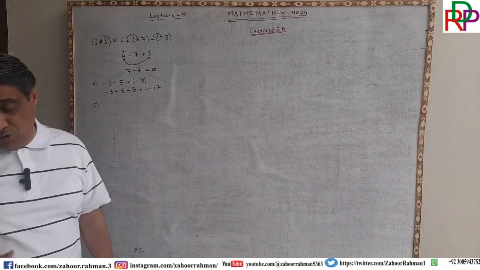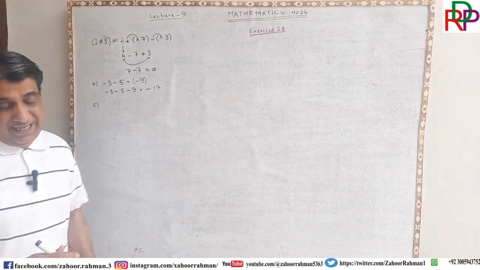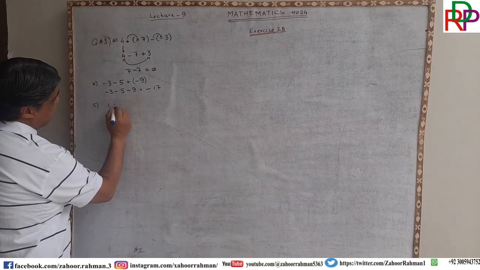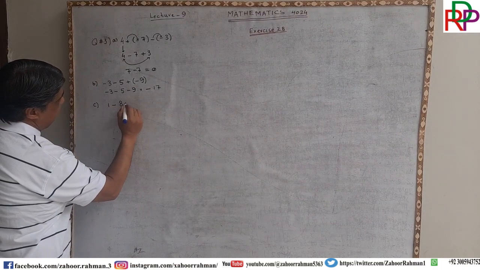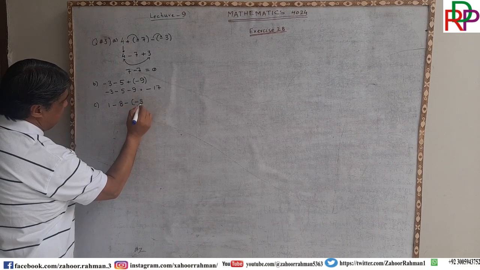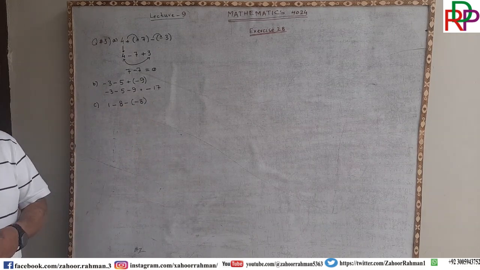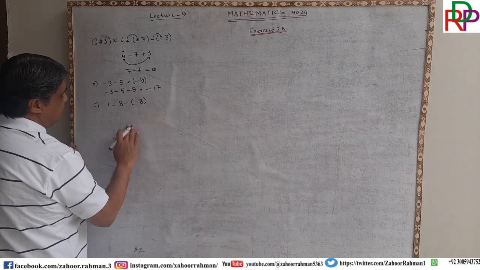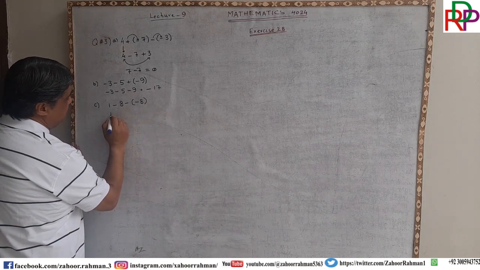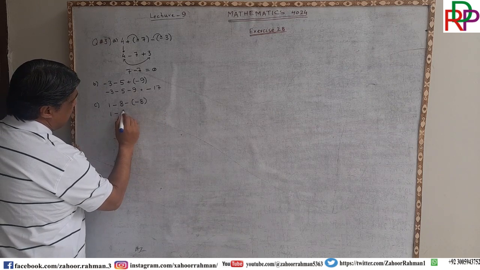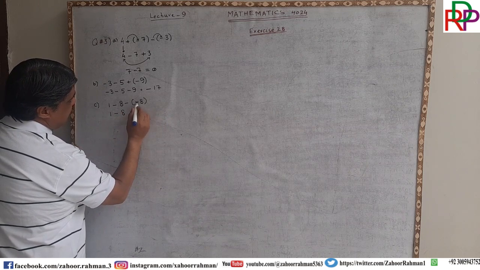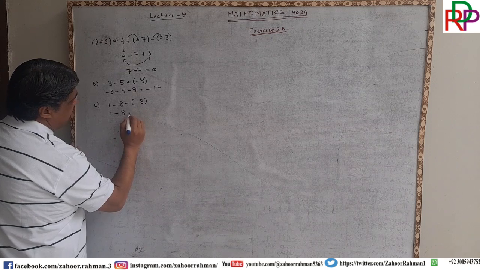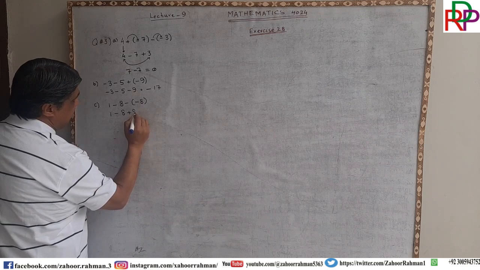Let's do more parts of it and clear the concept. 1 minus 8 minus 8. 1 minus 8 minus. Our first duty is to remove these parentheses. So when minus and minus are multiplied, it will become plus and this.